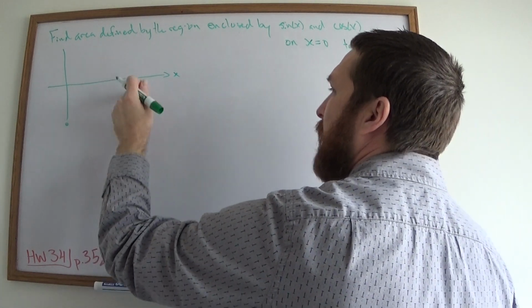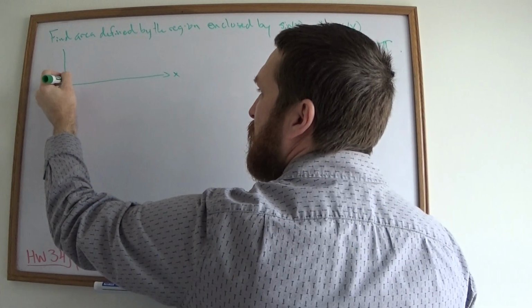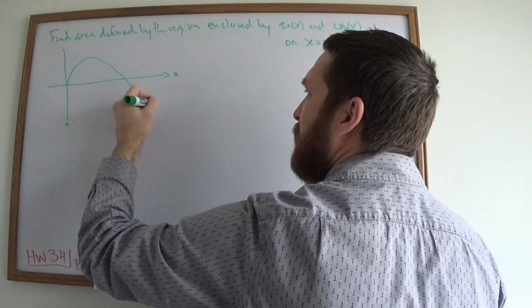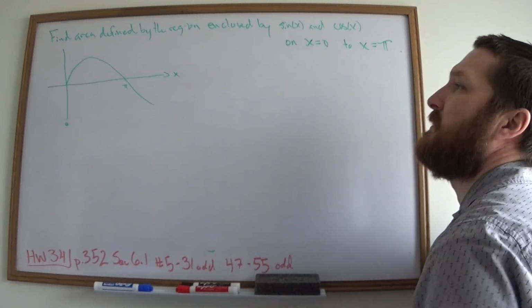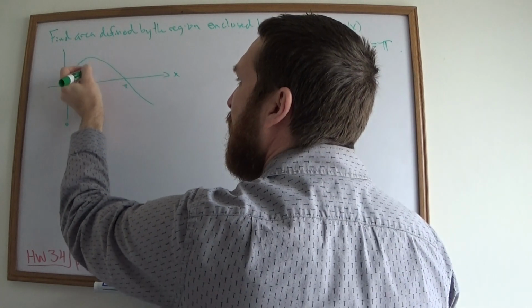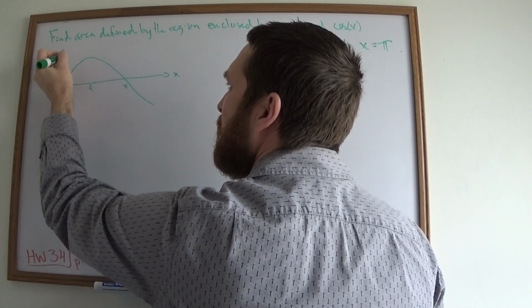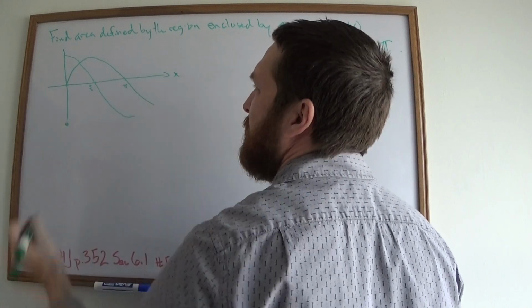From 0 up to pi, we're looking at sine and cosine. Sine does that from 0 to pi. Cosine starts here, comes down at pi over 2, and does this.